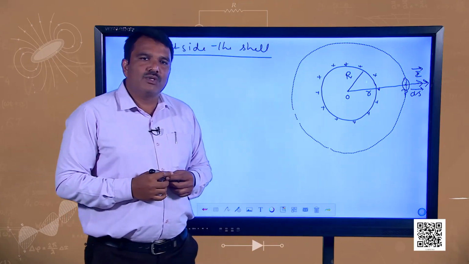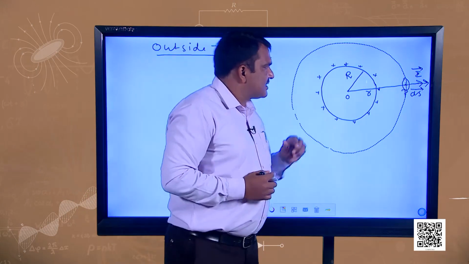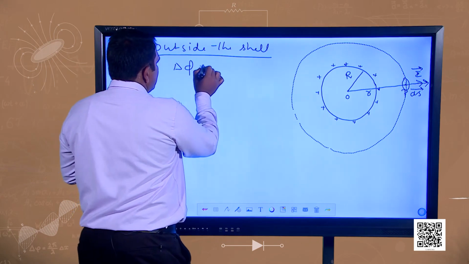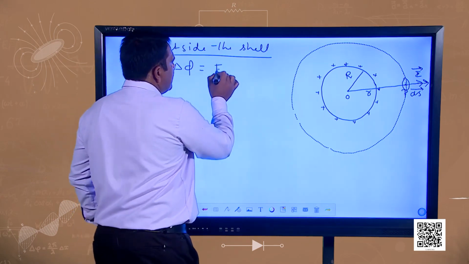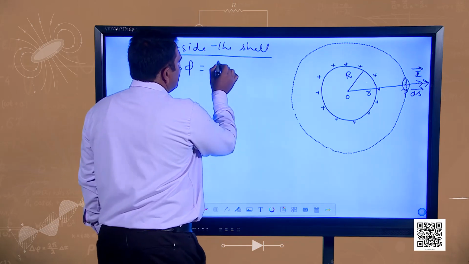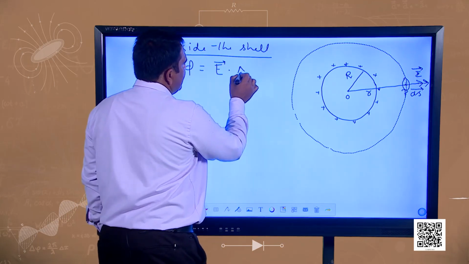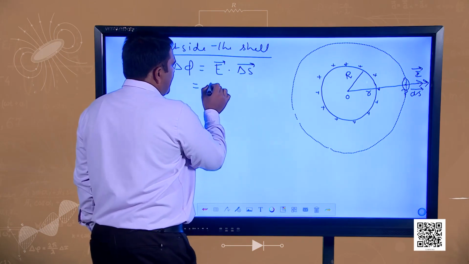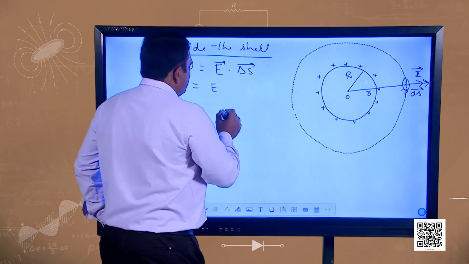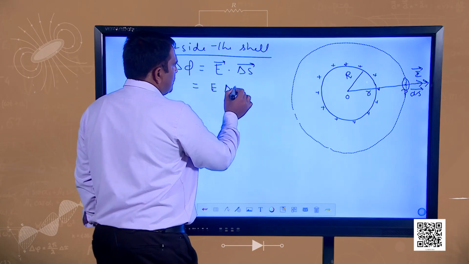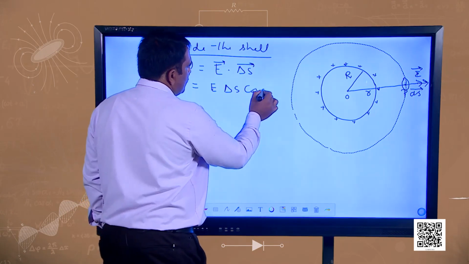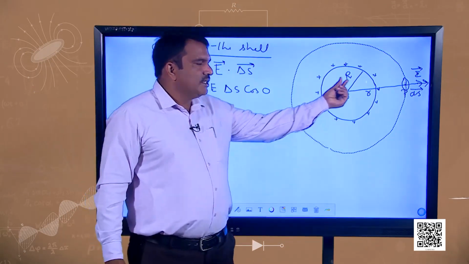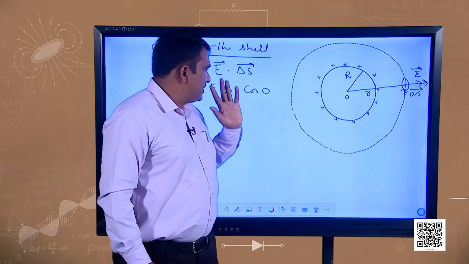Now, flux through the area element delta S, you can call it delta phi, it should be E dot delta S, and we can write it as mod E mod delta S cos 0, as the angle between electric field and area element is always 0 throughout the Gaussian surface.